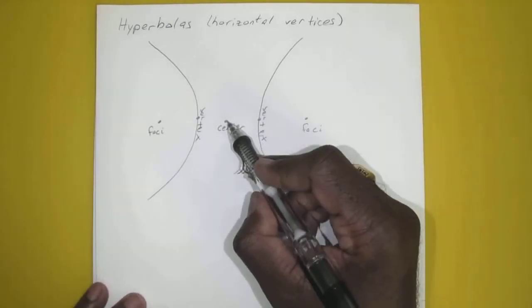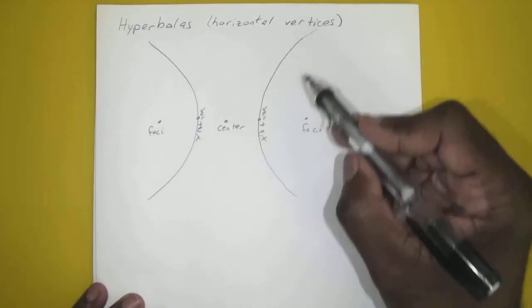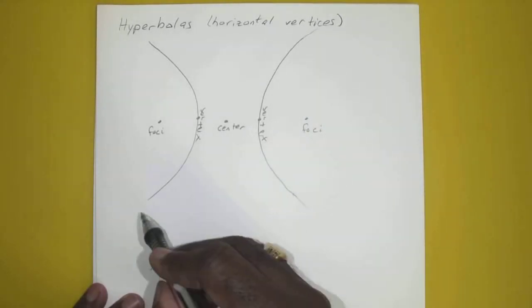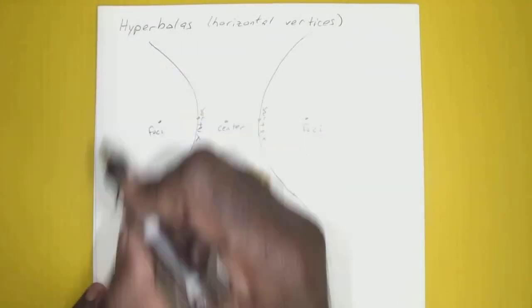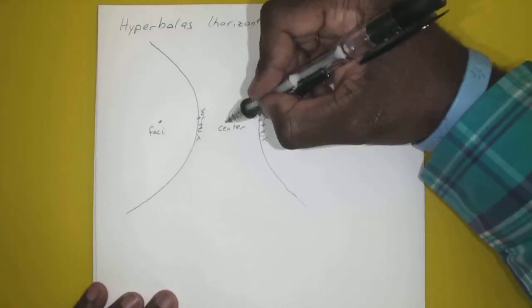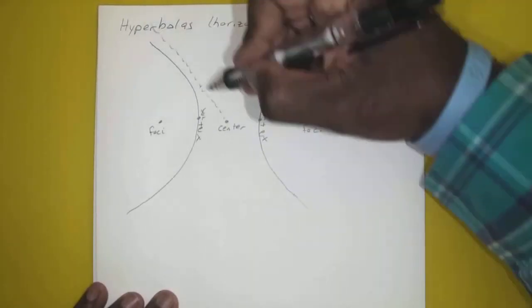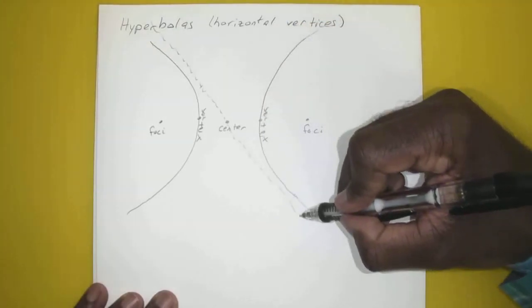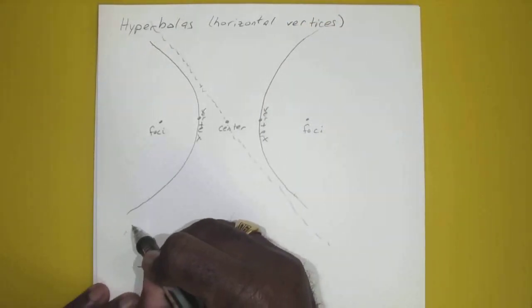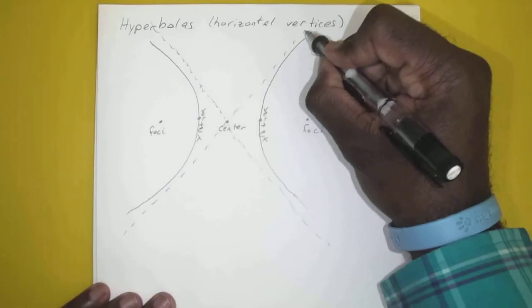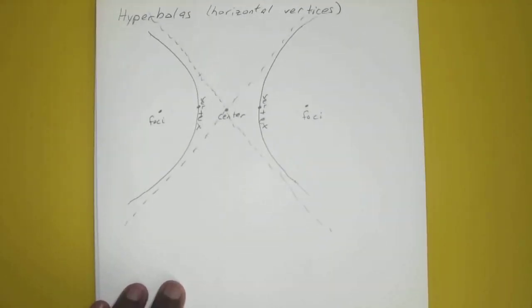Okay. Now, going through the center, if you notice with these, if they just keep going and going, it's actually kind of an imaginary line through the center that the hyperbolas will never cross. We actually went over those before. Those are your slant asymptotes.